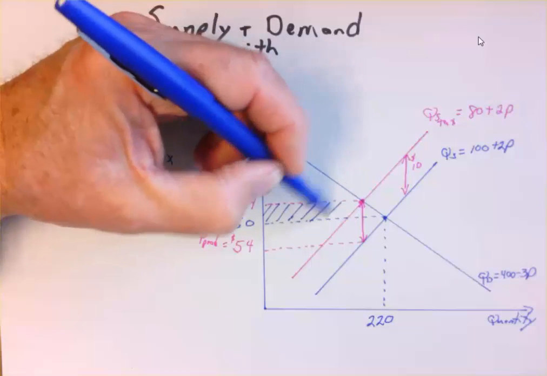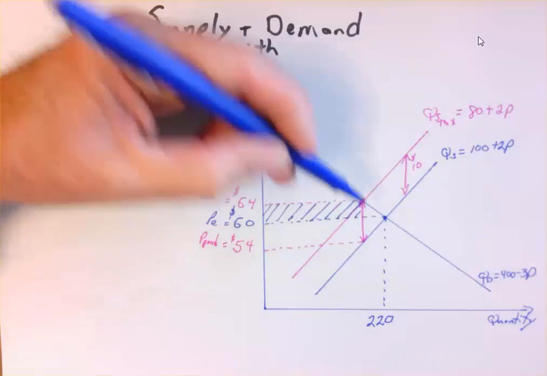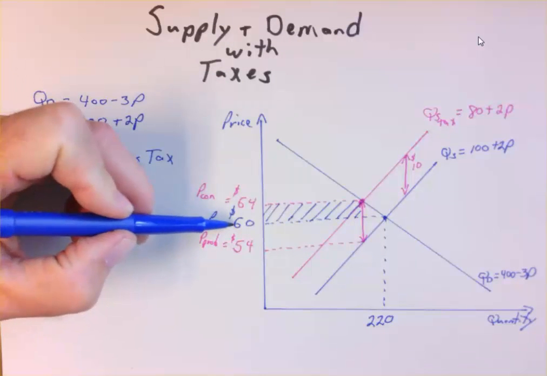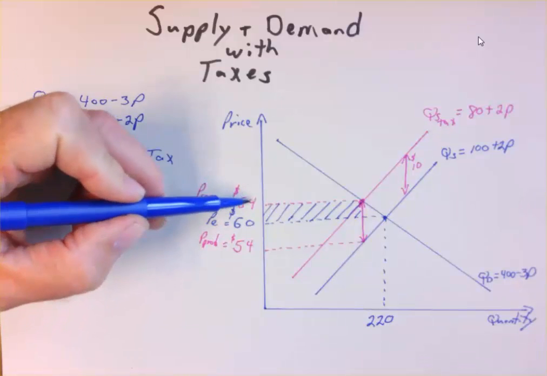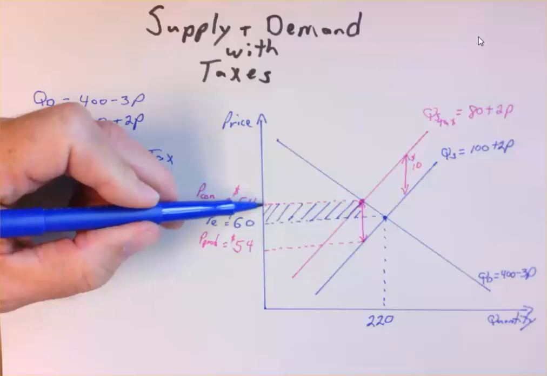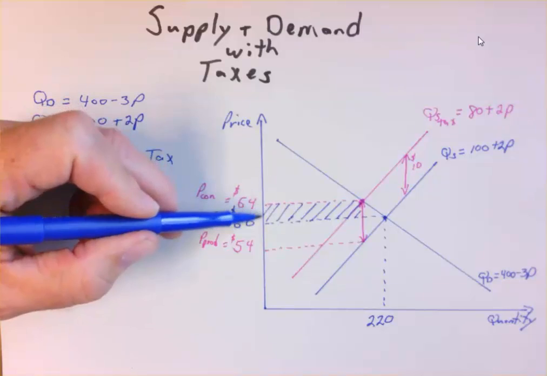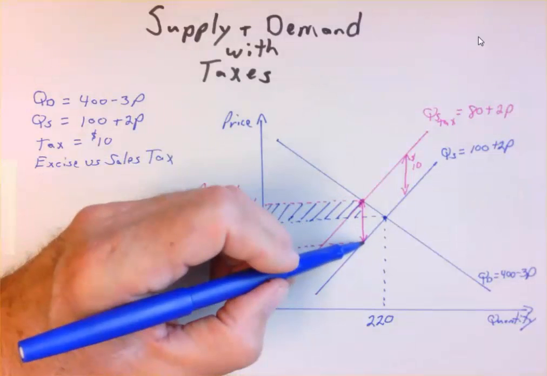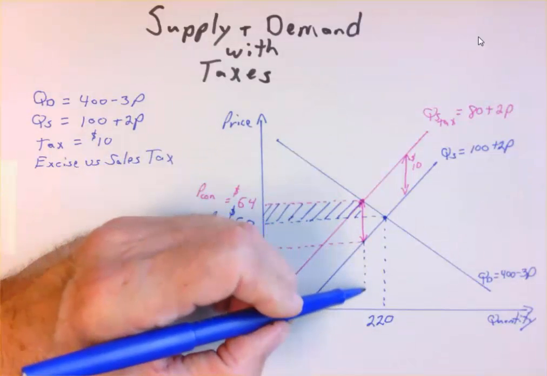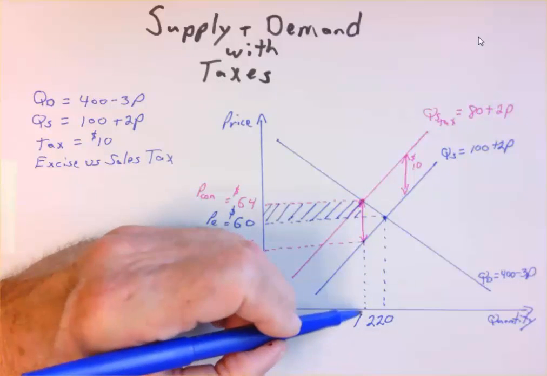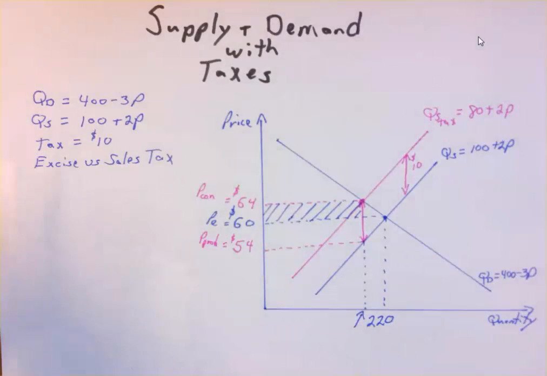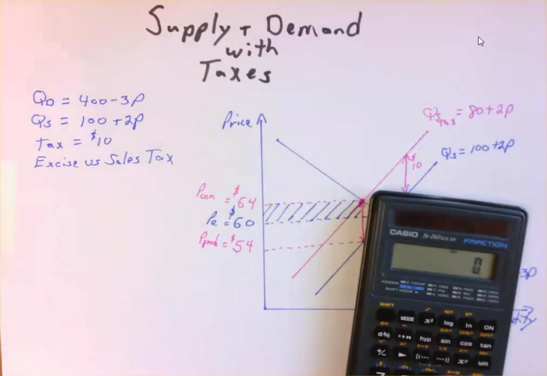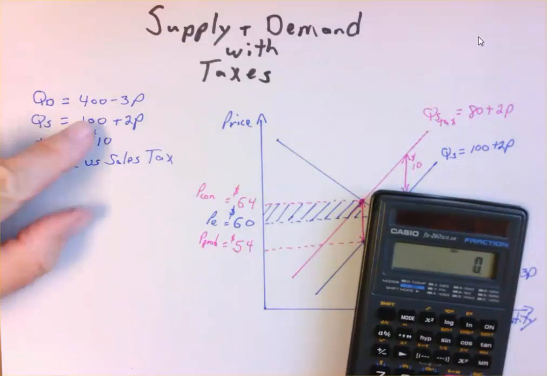We would say it like this: consumers pay the difference between the original price they used to pay, which was $60, and the new price they must now pay, which is $64. So consumers paid $4 of the tax times every unit that was sold, and we haven't calculated that. We should calculate what this number is right here, and the way to do that is just say, well, okay, the price was $64, so here's our demand equation.